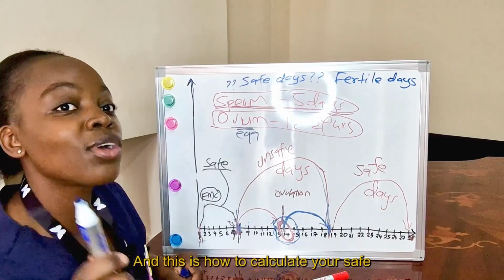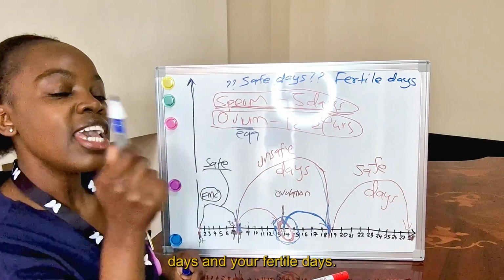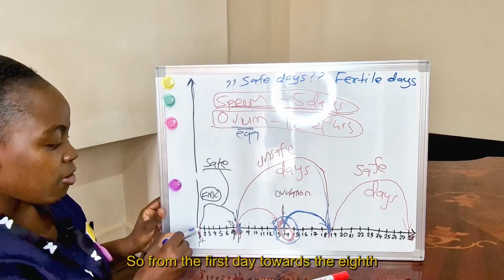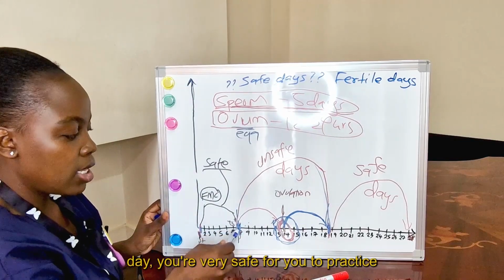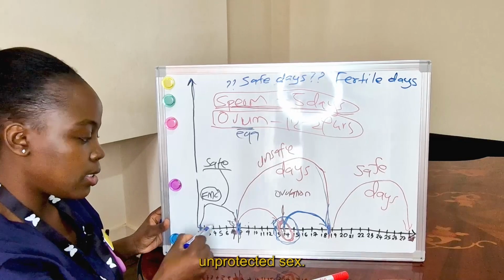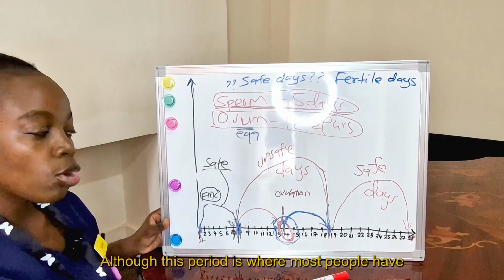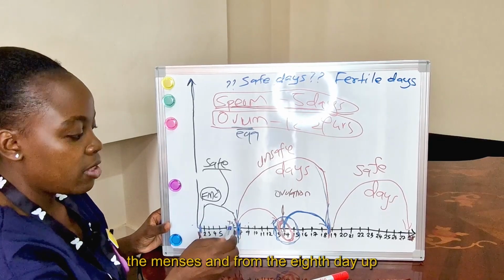And this is how to calculate your safe days and your fertile days. From the first day towards the 8th day, you're very safe to practice unprotected sex, although this is the period where most people have their menses.